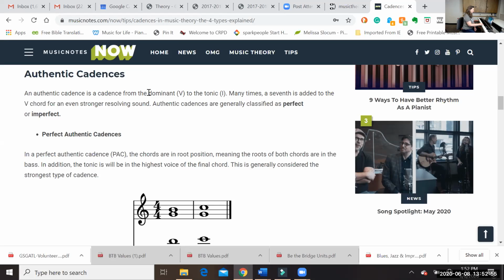Or you could play it as an inversion, 5, 1. That's why when you play the chord cadences, it sounds so pleasing to end on the 1 chord. Anytime you go from the 5 chord to the 1 chord in any key, it's called an authentic cadence. So remember, 5 to 1 is authentic.